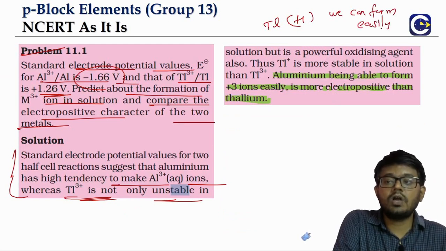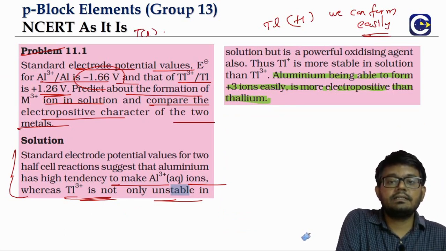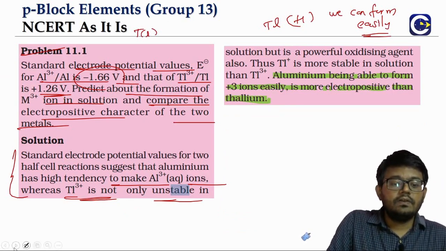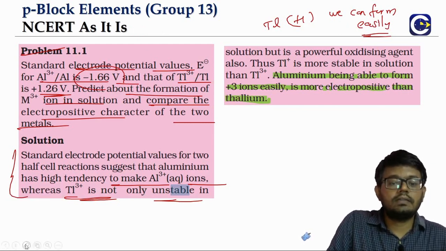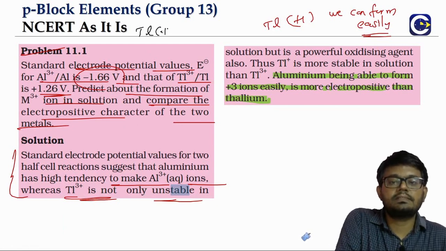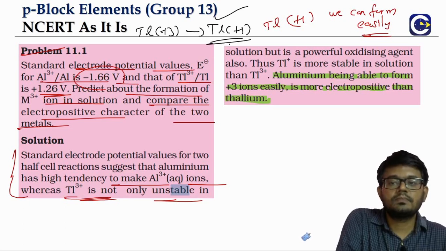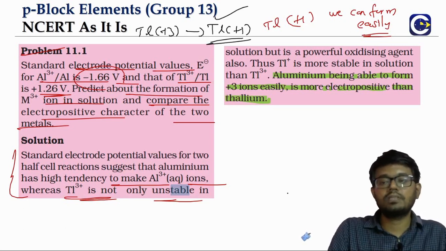And if at all there is thallium plus 3, it will get reduced to thallium plus 1, because there is more feasibility for the formation of thallium plus 1.